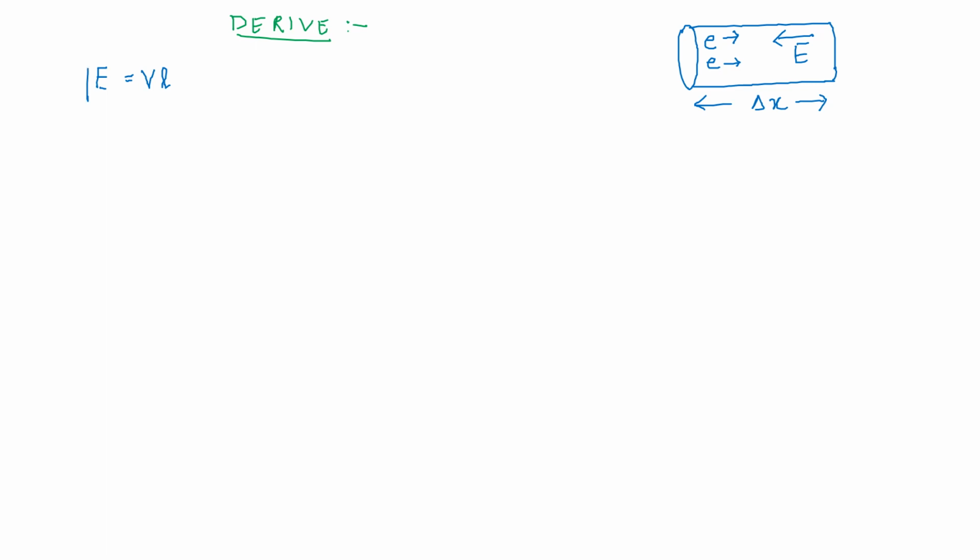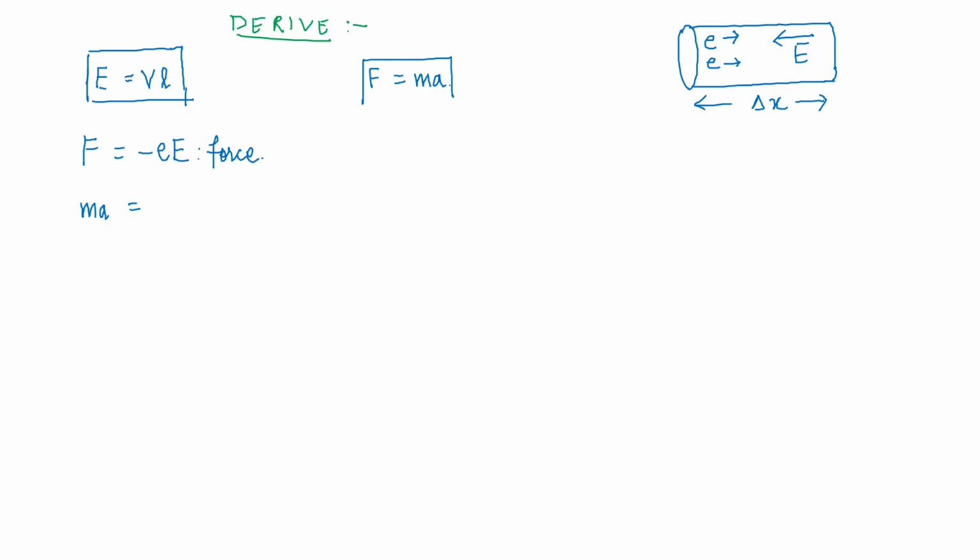So this is the first relation which we have seen in the previous lecture where we read about Ohm's law. Now the force can be defined as e into E. This is the force, a product of charge into electric field. In general, we have read that force equals mass into acceleration.